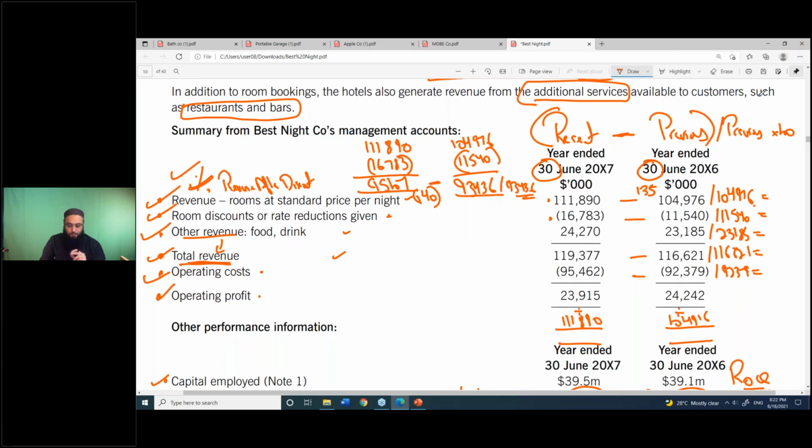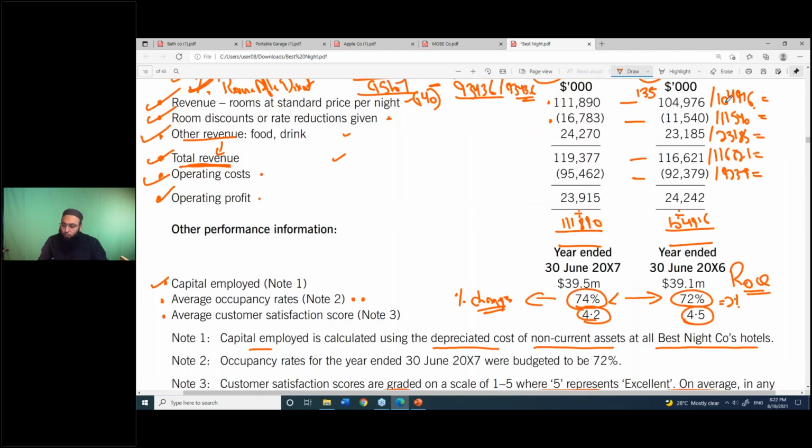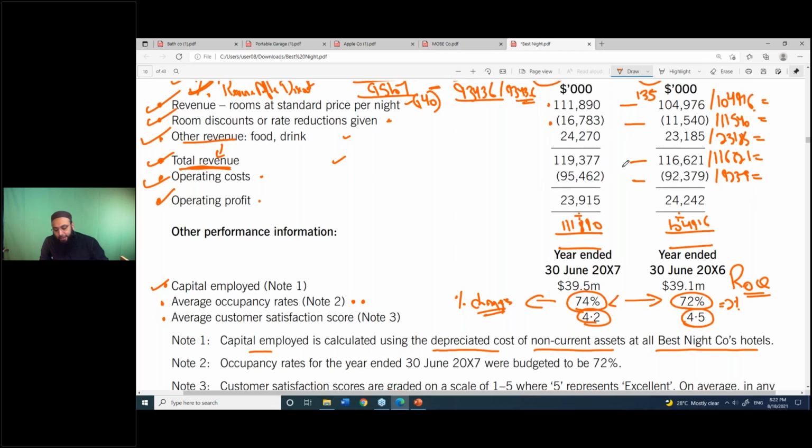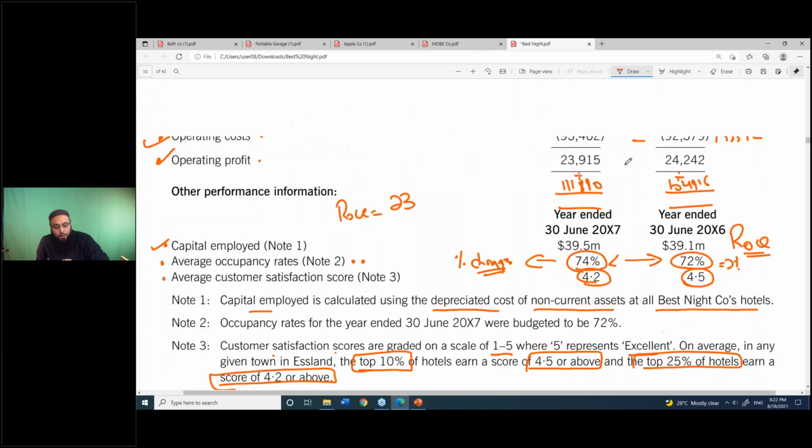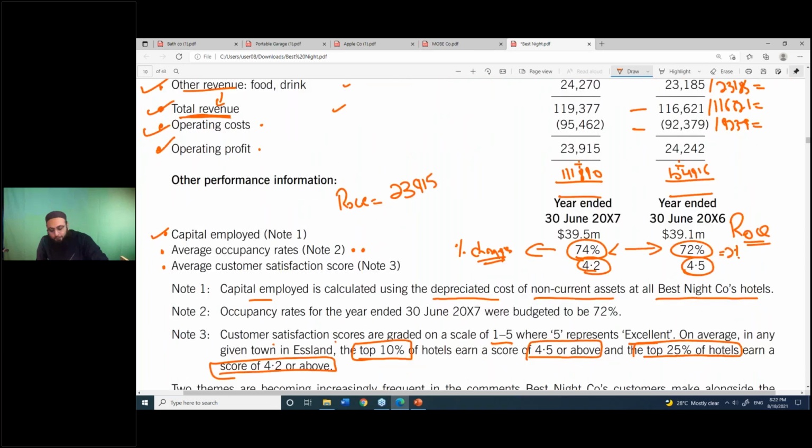The other calculation I want to perform before I give you a short break to absorb things is the calculation of capital employed ROS. ROS is quite straightforward to work out, because I have been given the operating profits. So let me show you the working. It's 23,915, these are in thousands, operating profit divided by capital employed of 39,500.